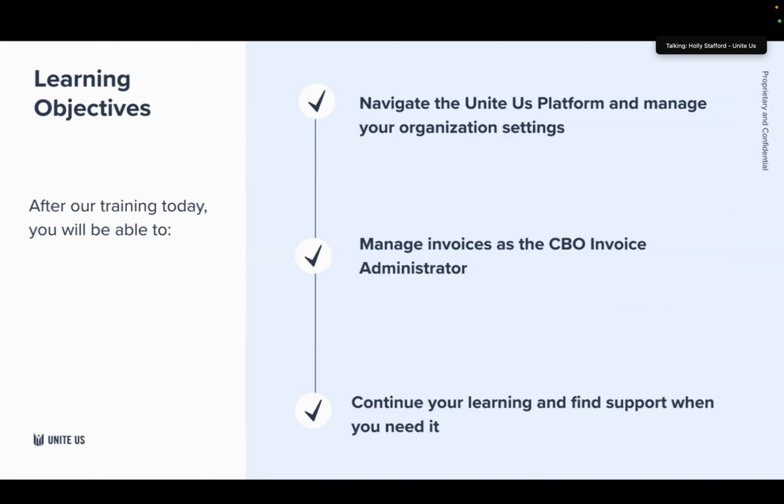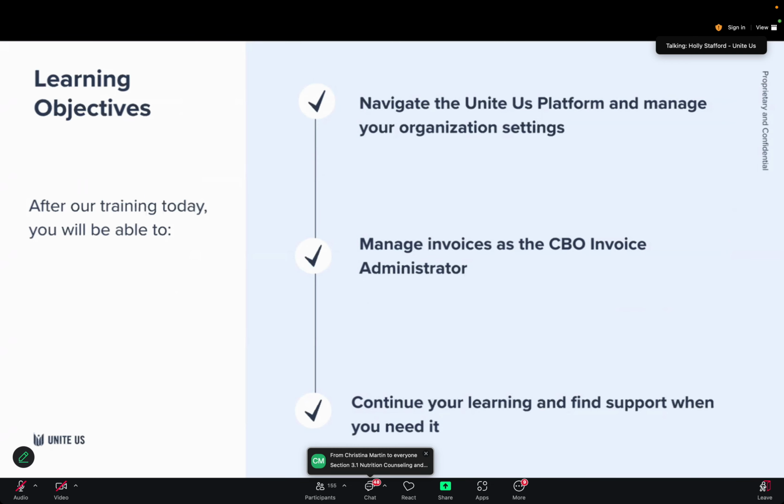So you'll be a stop along the way of the invoice before it goes to the payer, and you'll have the ability to review that, send it back, correct it, and you'll be in charge of seeing if the invoices are paid. I'll walk through all of that today, and then we'll provide some information about how you can continue your learning and find additional support if you need it.